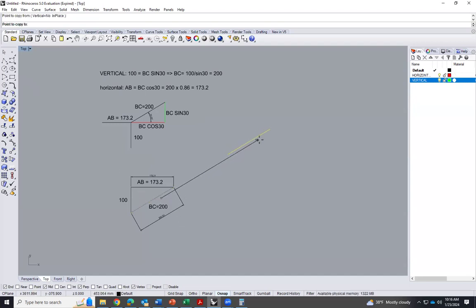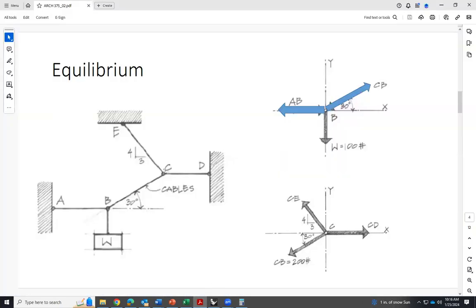So I know that this is BC, and I can copy its value too. And now there is a horizontal component, and the name of the horizontal component is CD.